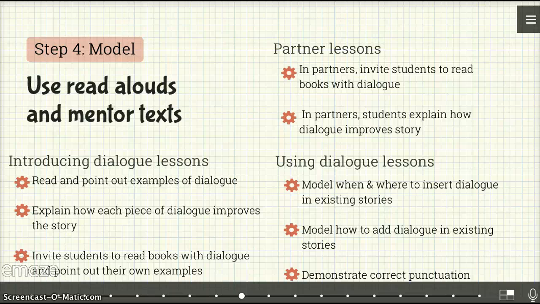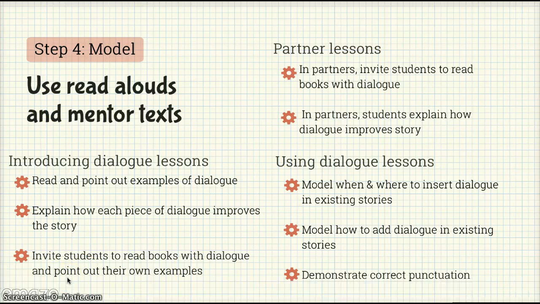And then finally, we are going to want to model the strategy that we want students to start using. For our writers who are starting off with dialogue, it might be important to actually point out what dialogue is. So use a read aloud to show examples of dialogue, do a think aloud about how the dialogue really brings the story to life, and then give students picture books or have them use their own independent reading books to point out examples of where the characters talk to one another.